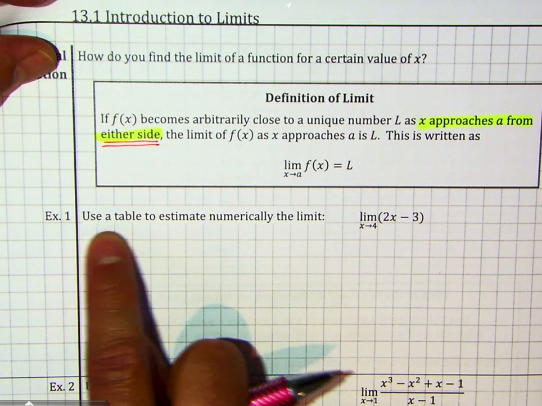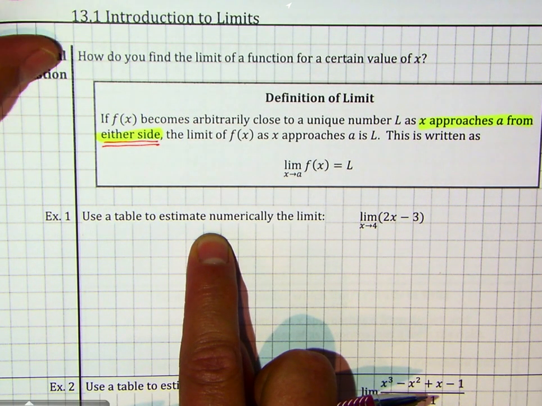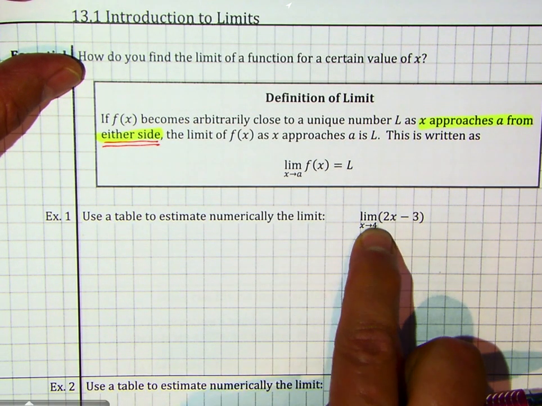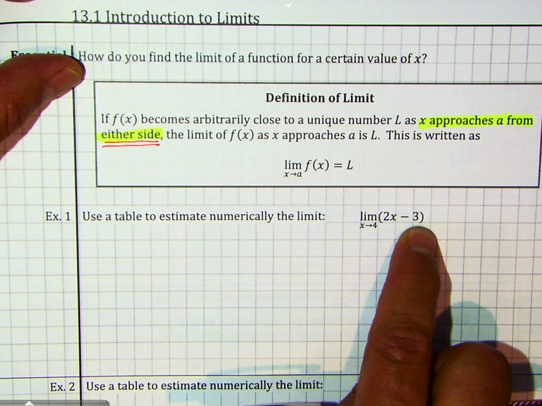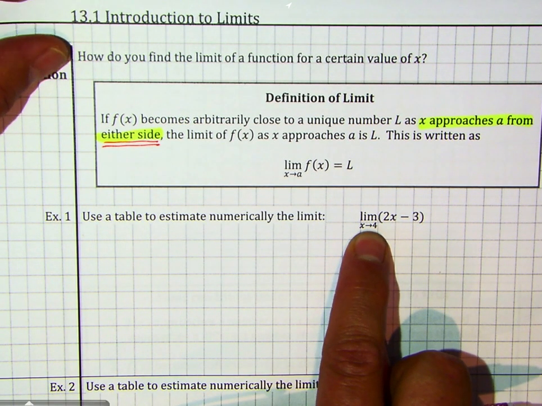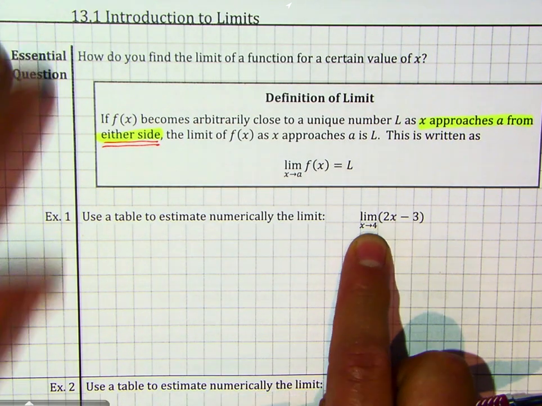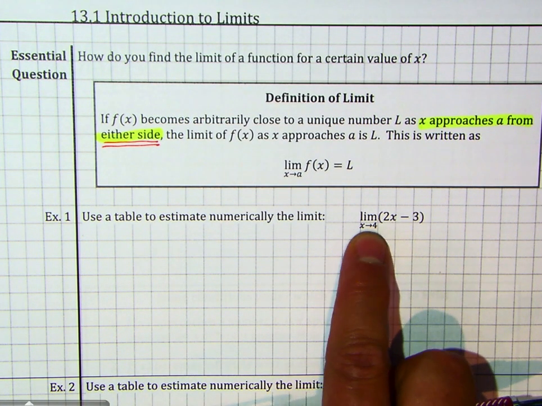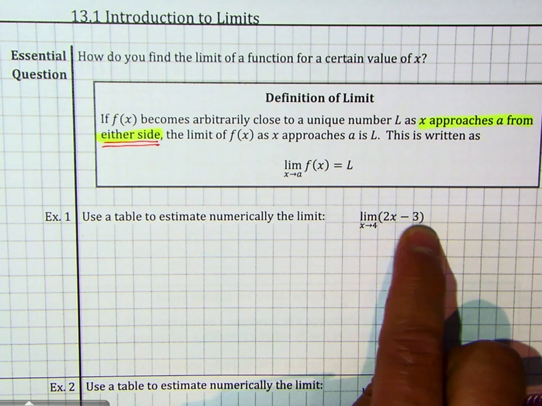We're first going to use a table to estimate numerically the limit of 2x minus 3 as x approaches 4. So notice that the little arrow means approaches. So we want to find out, as x approaches 4 from the left and from the right, what will be the value of this function.